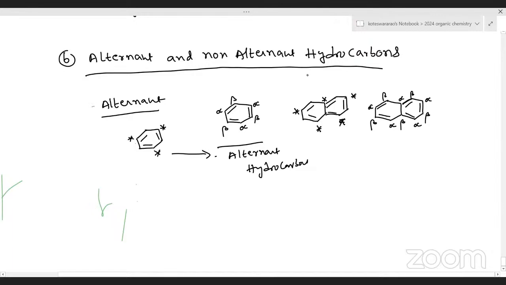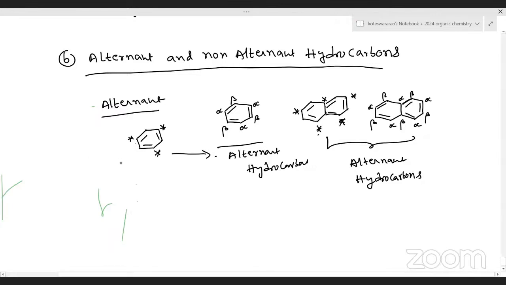Look here. Are there any two adjacent centers having the same spin symbol? Either here or here? No. Therefore, these are called alternate. These pi centers are alternately labeled. Therefore, these hydrocarbons are called alternate hydrocarbons. Right. Now, what are the non-alternate hydrocarbons?